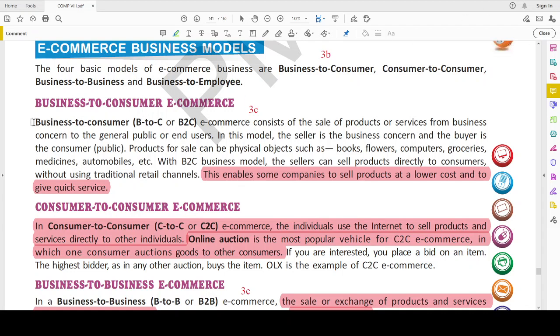Right, the first one, business to consumer, B2C e-commerce.